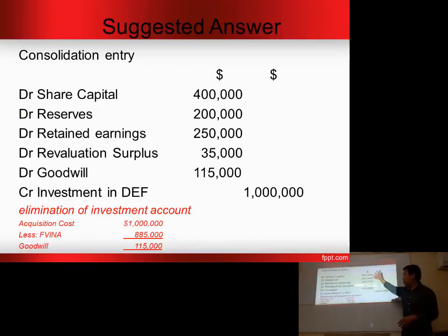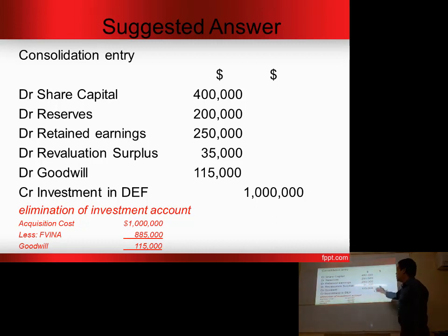So this is the next step. You have to eliminate the investment account which is under ABC Limited's account, and then we have to debit those items in the equity section. We will include now here the revaluation surplus coming from the previous entry.